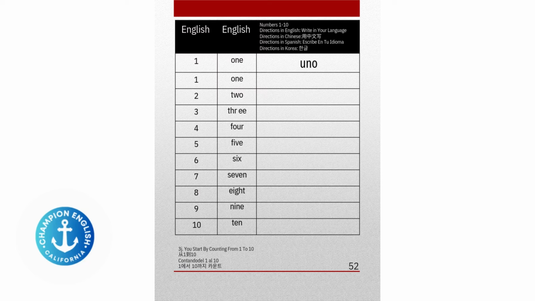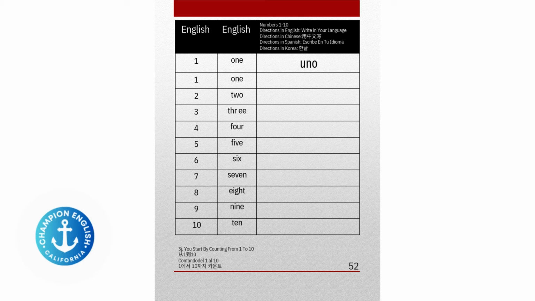We start off by translating number 1 into your language. So if your first language is Chinese or Spanish or French or German or Khmer or Korean or Japanese, Vietnamese, Sinhala, whatever is your language, I want you to put 1 in your language.